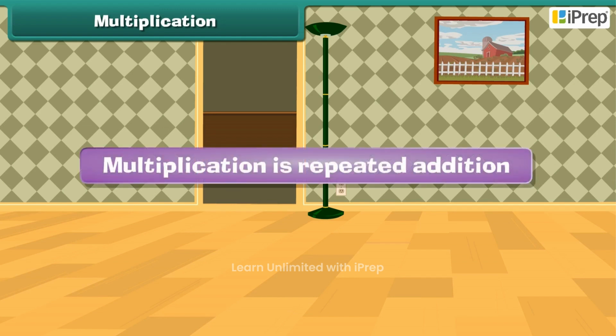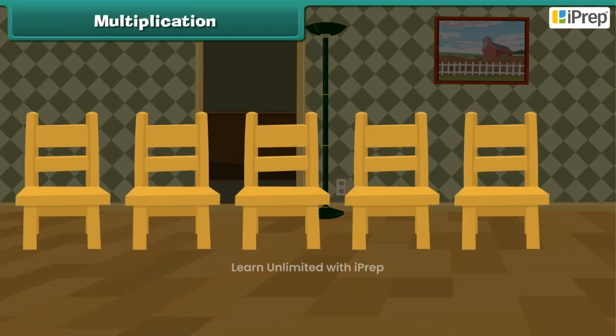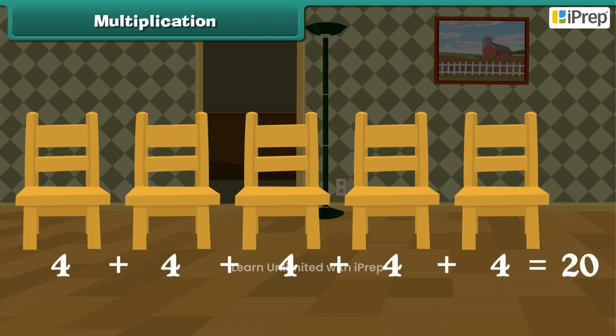Multiplication is repeated addition. For example, to find the total number of legs of 5 chairs, we'll add 4 5 times because each chair has 4 legs. 4 plus 4 plus 4 plus 4 plus 4 is equal to 20.